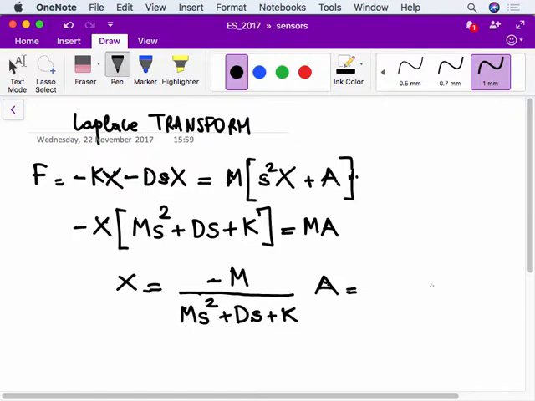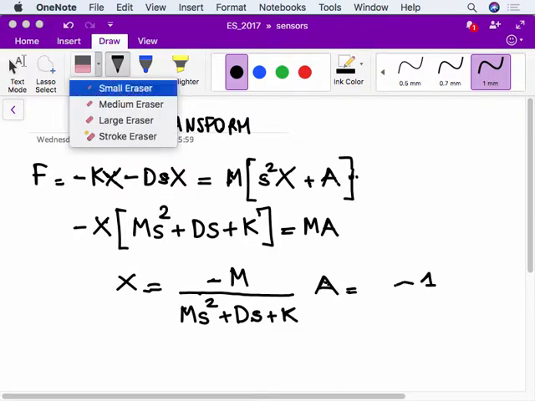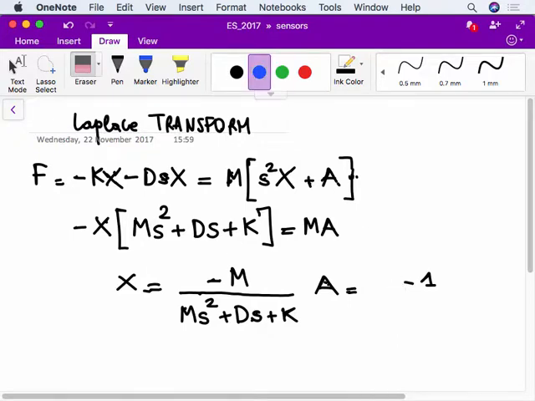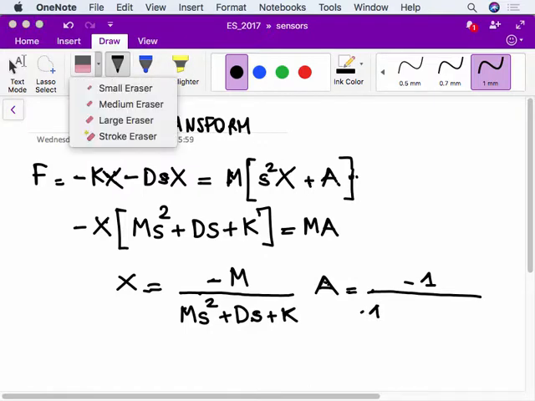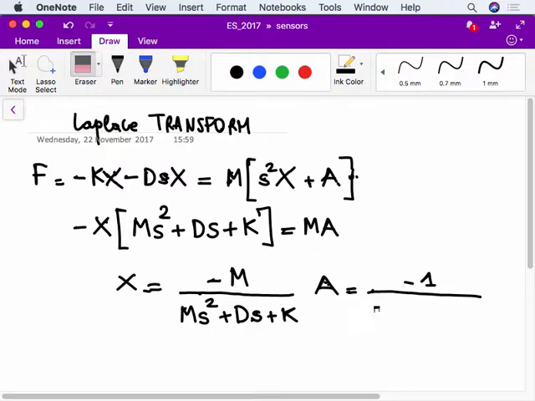Basically, to simplify everything, one can divide by m, and then one can have something like minus 1 over (s squared plus d over m times s plus k over m).